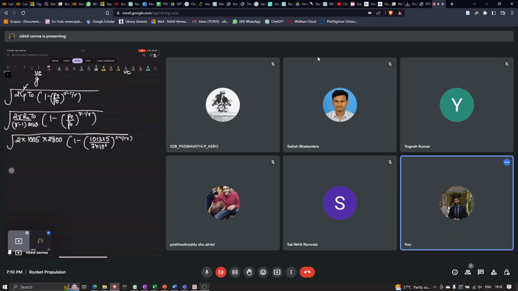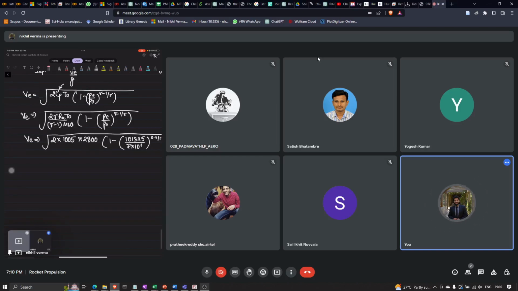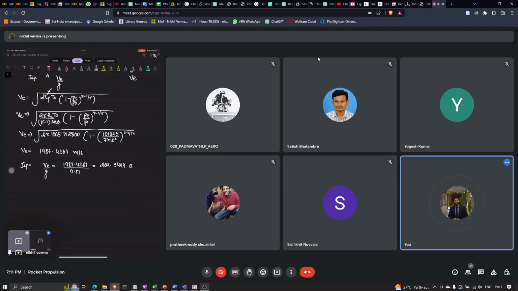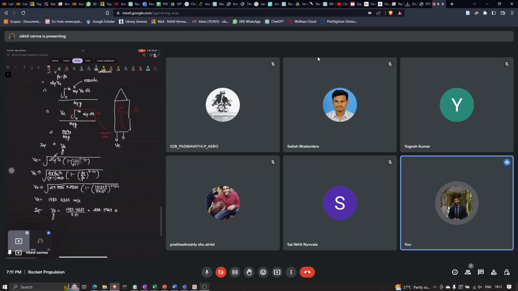Okay, this is V exit. So this is 1987.4367 meters per second. Now the specific impulse will be VE by g, which is equal to 1987.4367 by 9.81, which will be equal to 202.5929 seconds. I hope this part is clear to everyone.